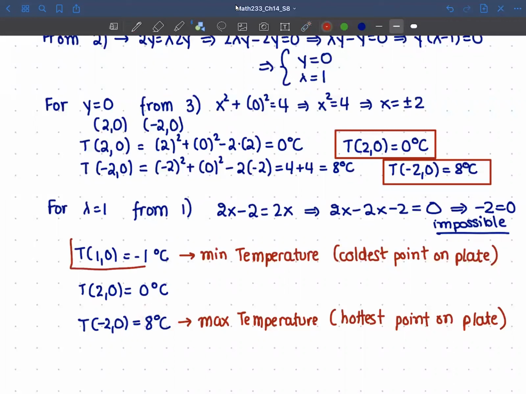So this is the minimum temperature, the coldest point on the plate, and T(negative 2, 0) equals 8 degrees Celsius is the maximum temperature, which corresponds to the hottest point on the plate.